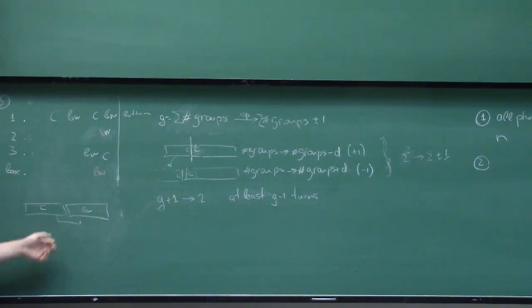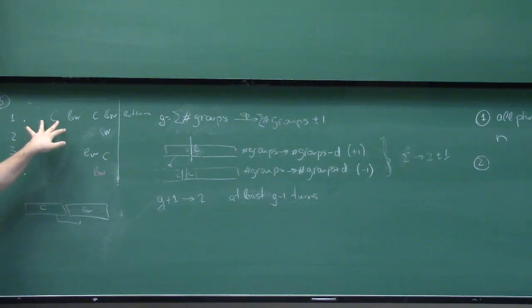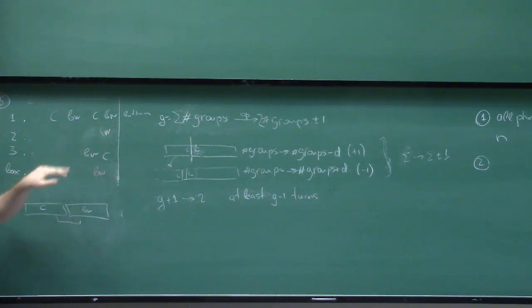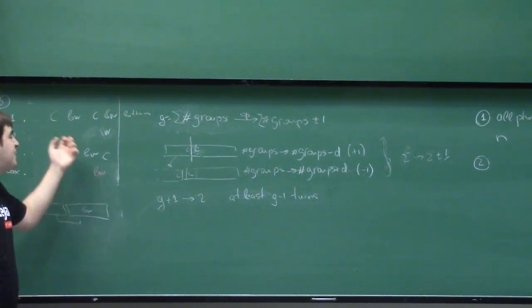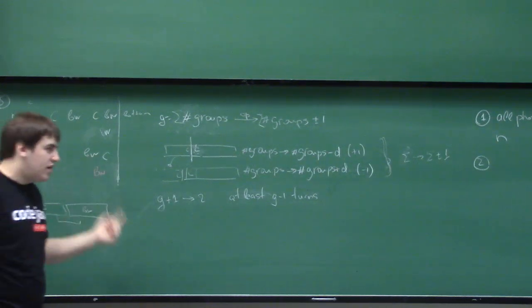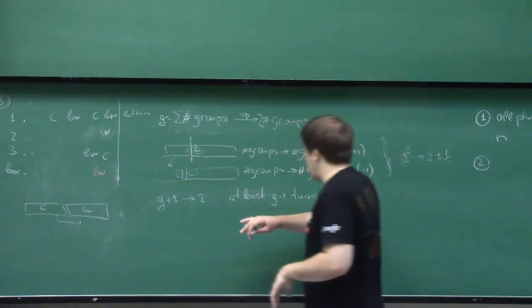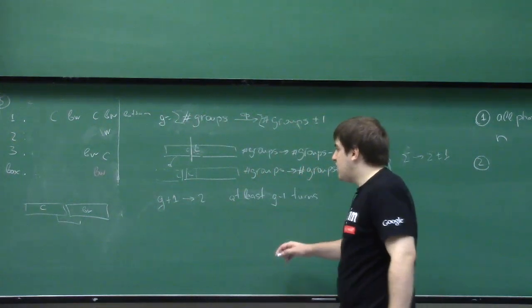And if we do not have a nice part, we'll have to do it in exactly G turns, because we will take each of those parts and move them to the box separately, and we have G parts over here. So once again, this is the lower bound for the number of turns.